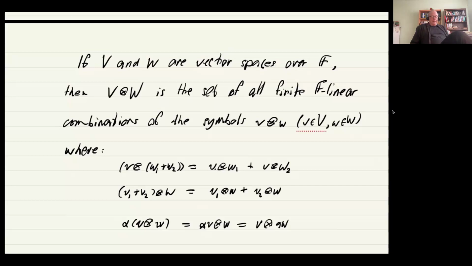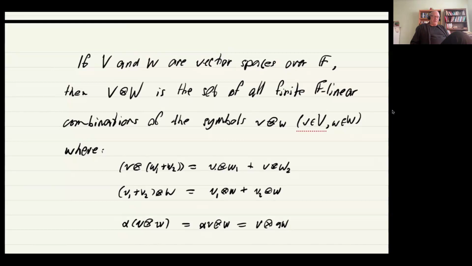So what I'm giving here is not really a definition, but I think it might be more useful. We're going to construct a vector space V tensor W. Now, intuitively, if that's the right word in this context, the idea is to think in terms of dual spaces.